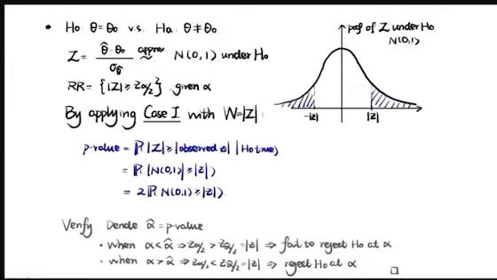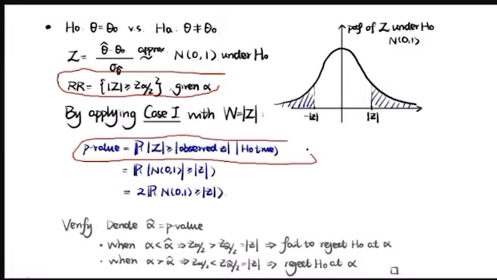Now, what about the two-tail test? For the two-tail test, the rejection region is going to be that: absolute value of Z greater or equal to Z alpha over 2. In that case, my p-value is going to be the probability that the absolute value of Z is greater or equal to the absolute value of the observed Z, given that the null hypothesis is true.